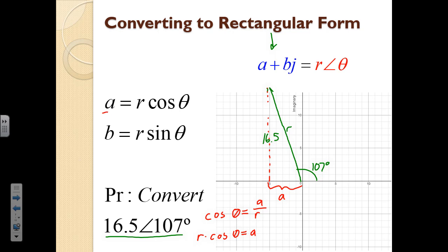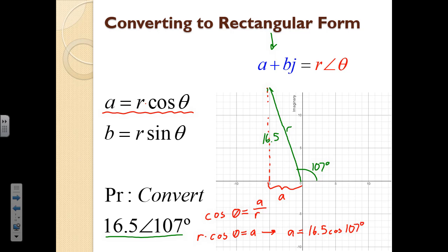And so that's the first of our two relationships here. To find the real part, we just take the magnitude times the cosine of our direction. In our case, that means that our A value is 16.5 times the cosine of 107 degrees.